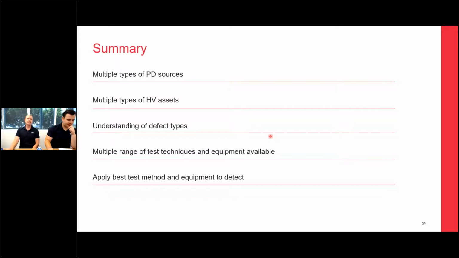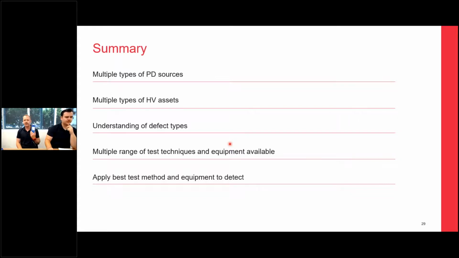You have multiple types of HV assets that you guys work on and manage. So it's good to know what types of PD there are, what types of assets you've got, and then understand what types of defects are going to build up on those assets. And then from there, we have a multiple range of test techniques and equipment available to find those defects.